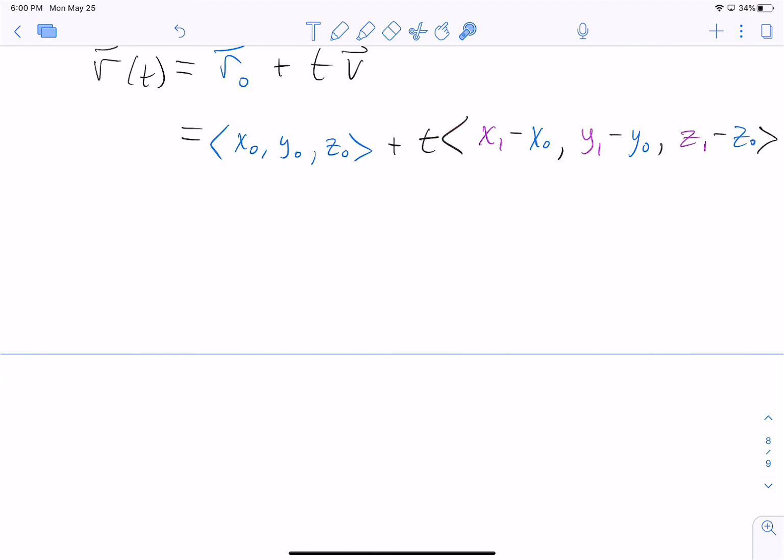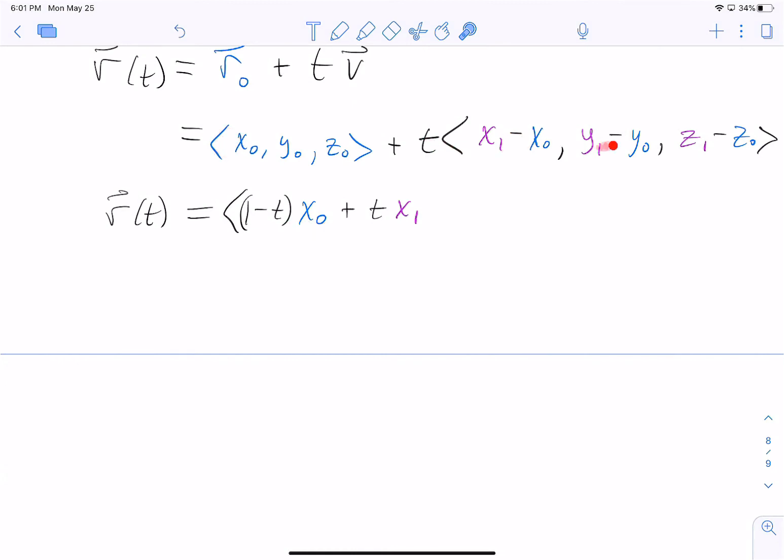And then we're going to gather together our x0s, and then our y0s, and our z0s, and so on. We're going to end up with r of t is equal to, for our x components, if we gather together x0s and then factor out x0, we end up with 1 minus t times x0.